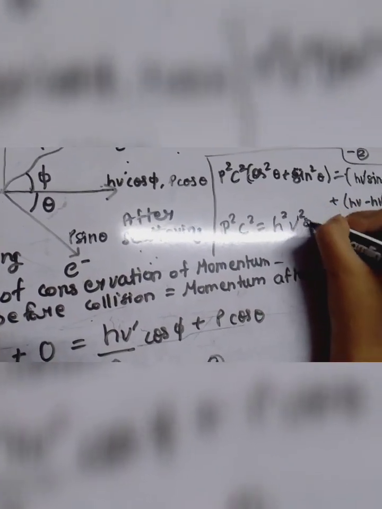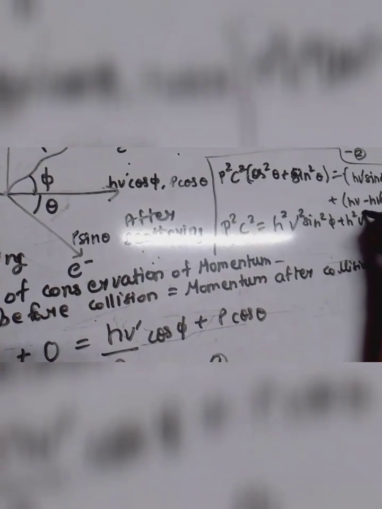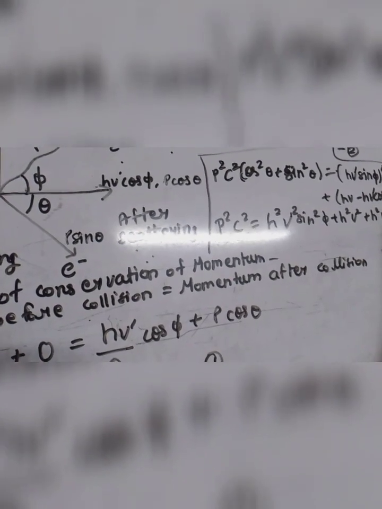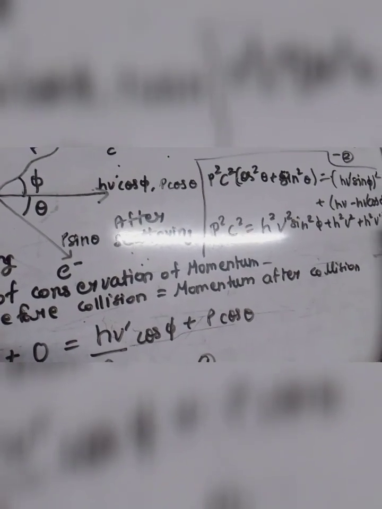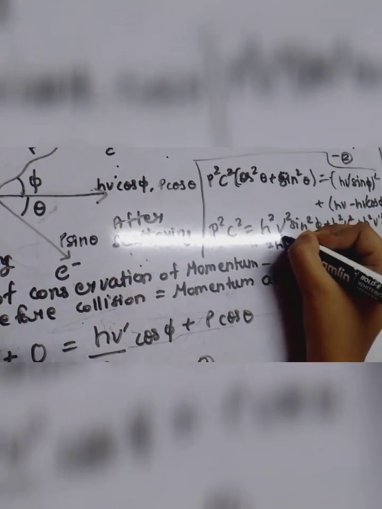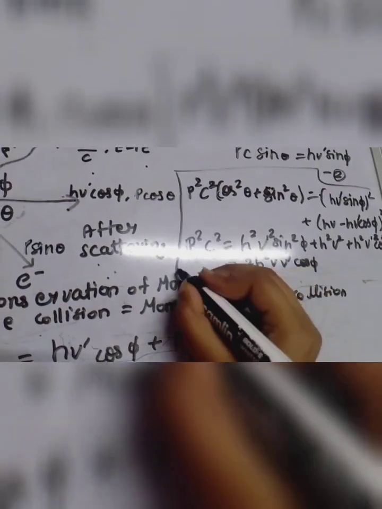h mu dash square sin square phi plus h square mu square plus h square mu dash square cos square phi, and then minus 2h square. I am opening that identity, and this is the equation.